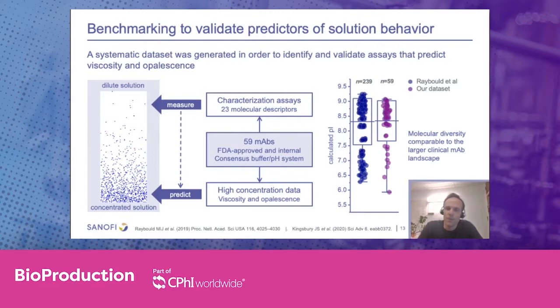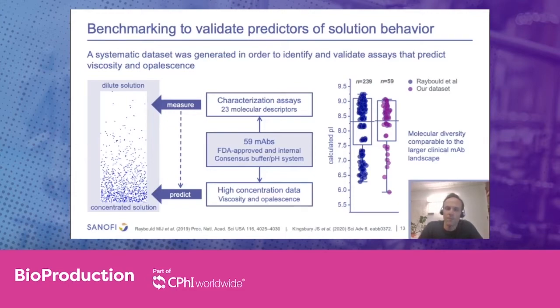Importantly, one of the control experiments that we did was we took the sequences in our data set and made a number of calculations of the physical properties, and compared these to the corresponding calculations from the sequences that were published in the Raybould PNAS paper last year. So here there were 239 IgG sequences, which represent the clinical and approved antibody landscape.